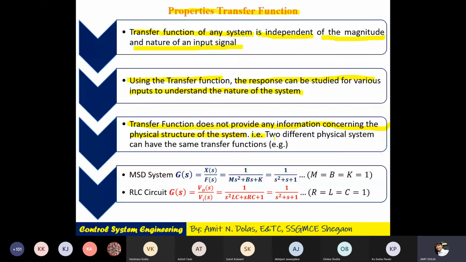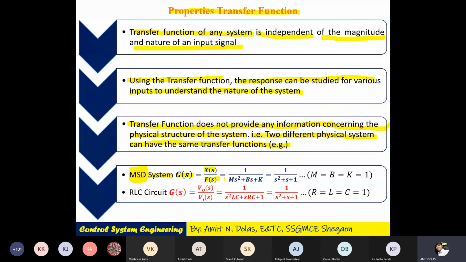That is, as I already pointed out, two different physical systems can have the same transfer function. For an example, below is the example. I have a mass spring damper. Later on we'll go into detail of mechanical systems. Intentionally I have kept this topic for later. So just as an RLC has resistance, inductor, capacitor, a mechanical mass spring and damper system has transfer function G of s, that is X of s by F of s.